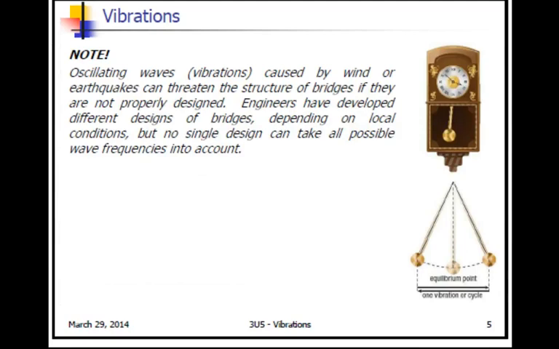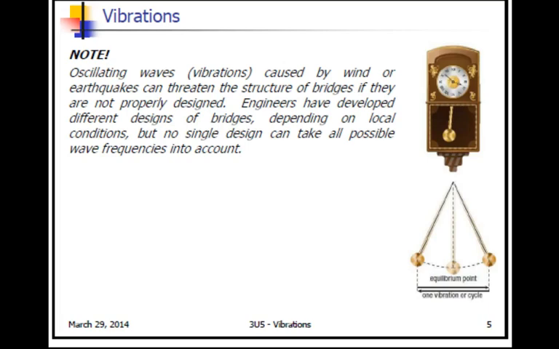Oscillating waves caused by wind or earthquakes can threaten the structure of bridges if they are not properly designed. Engineers have developed different designs of bridges depending on local conditions, but no single design can take all possible wave frequencies into account. This is why we have different types of bridges. They have to be designed specifically for the environmental conditions of the area.